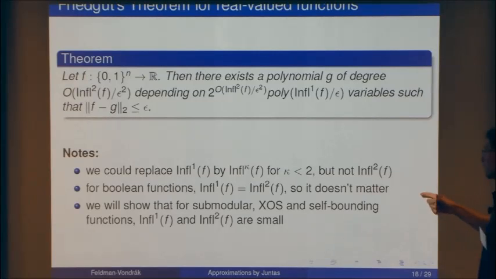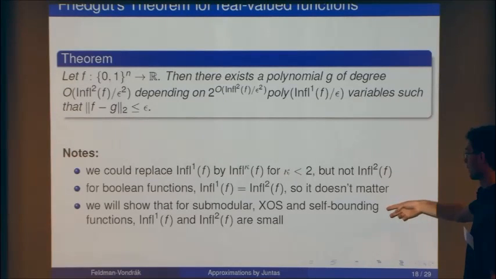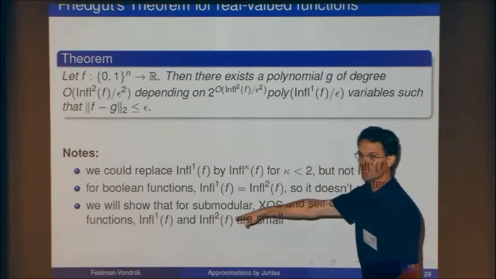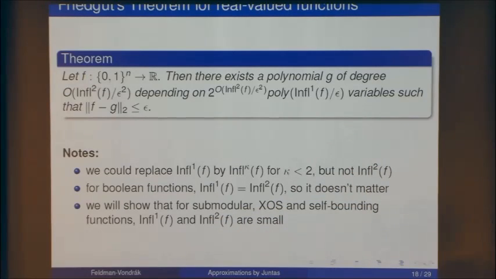And the point for our original purpose is that these classes of functions that we like have small influences in both senses, actually for any kappa between 1 and 2, and they can be bounded nicely. Fine? I'll go on. But for submodular, there must be some other theorem. Sure. So this is the first part of the talk.